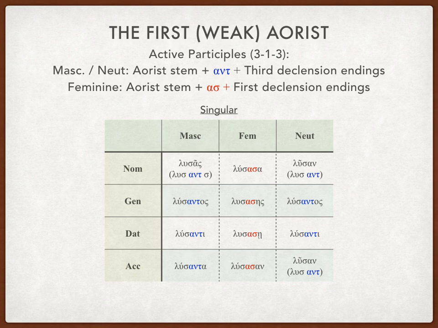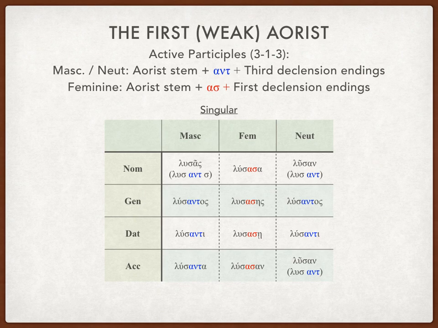So we'll start with lusas, having loosened, for the masculine, nominative, singular form. All the forms that you get here are in the singular. Lusas is just a contraction of lus, the aorist stem, with ant, my participle infix, and sigma at the end.